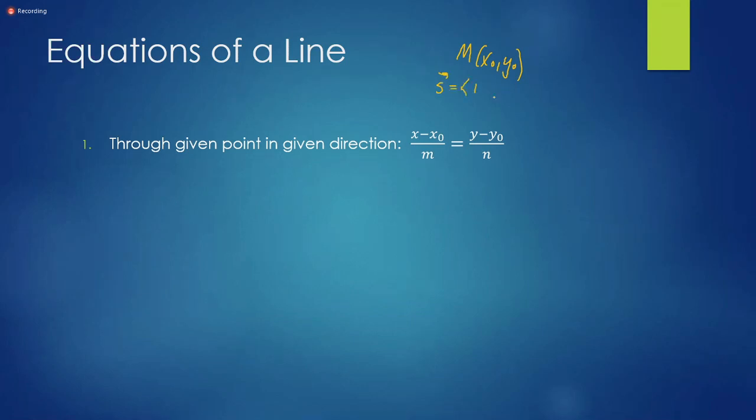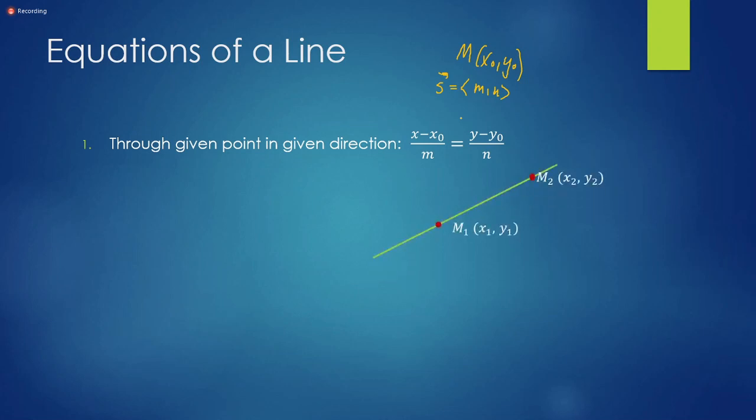In the denominator, we see two numbers; they are the coordinates of the direction vector, no matter what. And x0, y0, the numbers subtracted from x and from y, are the coordinates of one point on the line. So in this form, you immediately know one point and the direction.